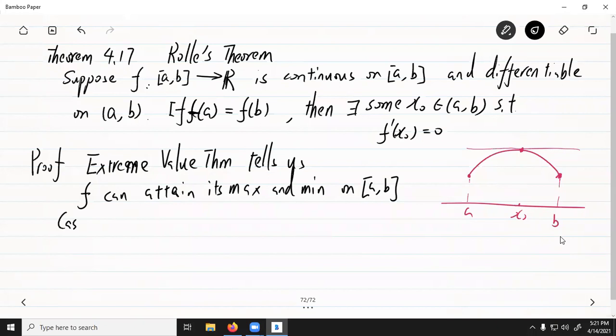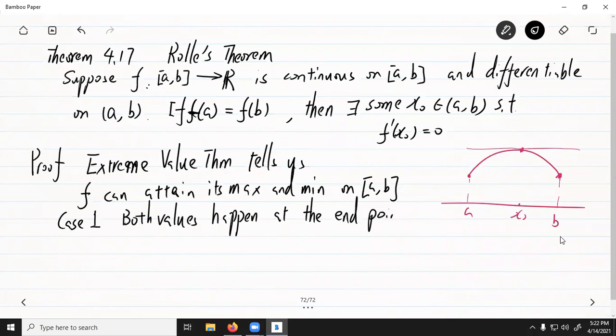Case 1. If both values, the maximum values and the minimum values, happen at the endpoints. So A gives you the maximum value, B also gives you the minimum values. Okay, so that means since f of A is equal to f of B, in other words, the maximum values is equal to the minimum values.